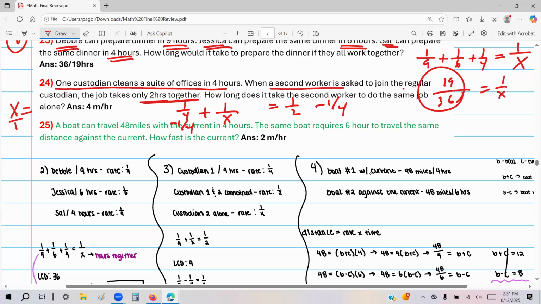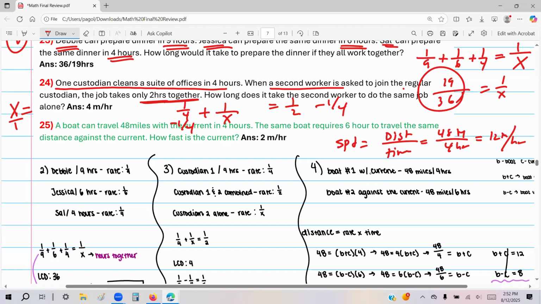It takes 4 hours to cross 48 miles. So speed is distance over time. You're crossing 48 miles in 4 hours, so your speed is 12 miles per hour.